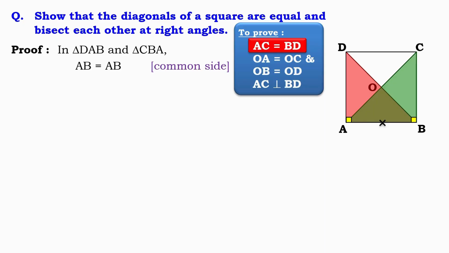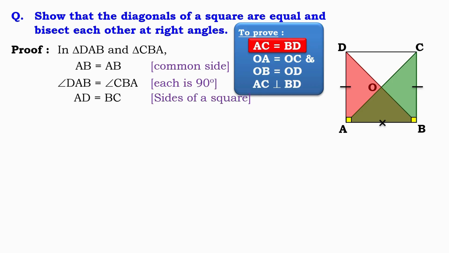Now, since it is a square, you already know that in a square all angles are 90 degrees. So angle DAB equals angle CBA, each is 90 degrees. We also know that in a square all sides are equal. That means AD is equal to BC. So the sides of the square are equal. That means triangle DAB is congruent to triangle CBA by which criterion?